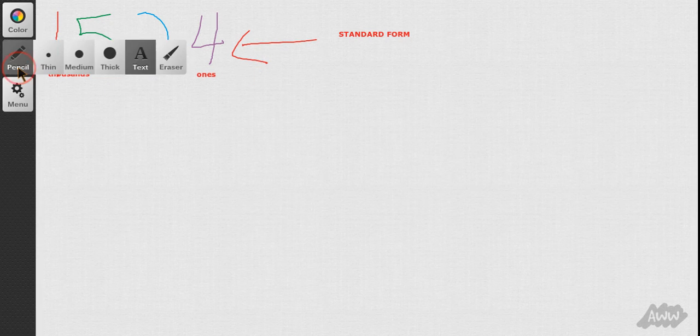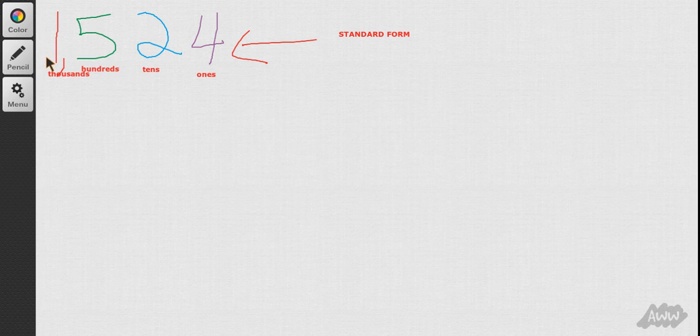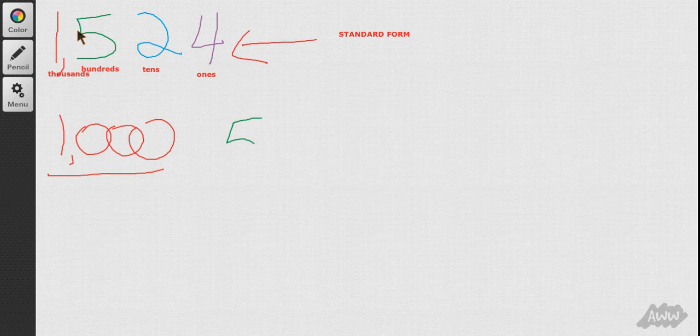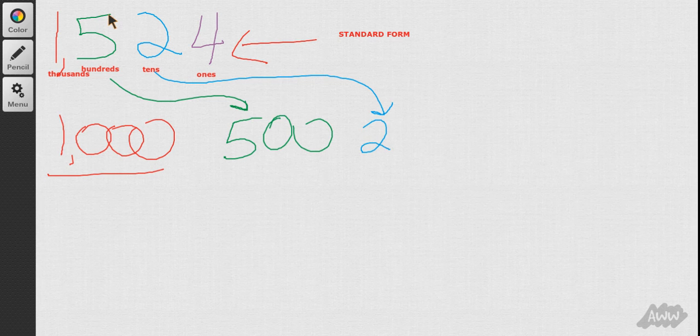But if we break it down, the 1,000 written out as just 1,000, the 500 written out as 500, the 2 tens written out as 20, and the 4 ones written out as the 4.